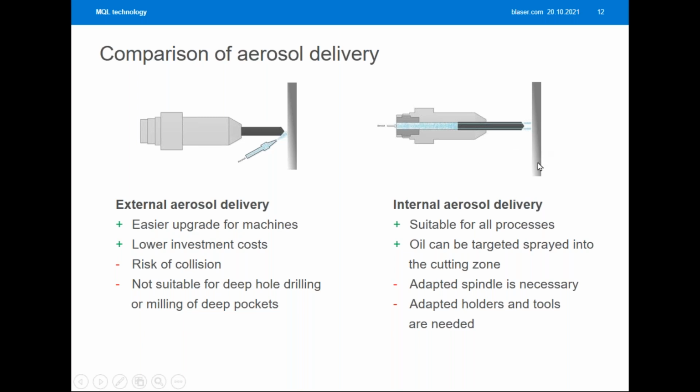I mean, one of the jobs of a coolant is to transport the chips, and if you don't have the coolant that transports them, the air takes it over. But the disadvantage of internal is that you need spindles that are fit to take MQL, and to also look at the tool holders and tools very much in detail.